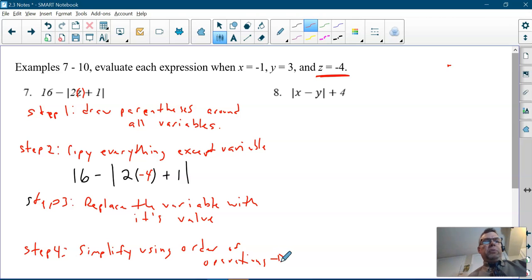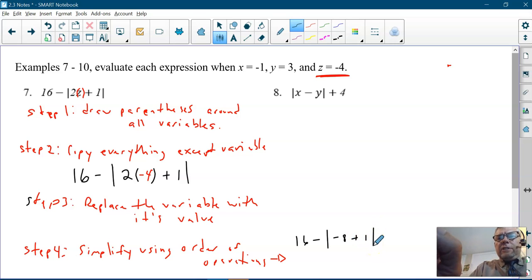So now I'm going to go ahead and simplify this. It's a couple steps to simplify it. My first step would be to do 16 minus, and then 2 times negative 4 is negative 8, plus 1. Good. And then I still have to do negative 8 plus 1, so I'd have 16 minus the absolute value of negative 7. Now I do the absolute value.